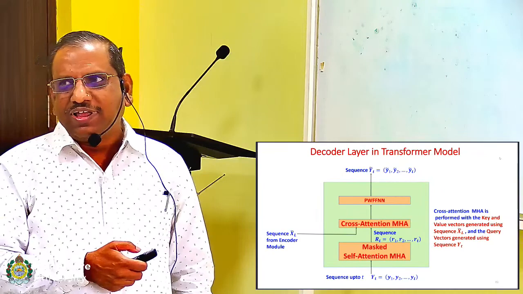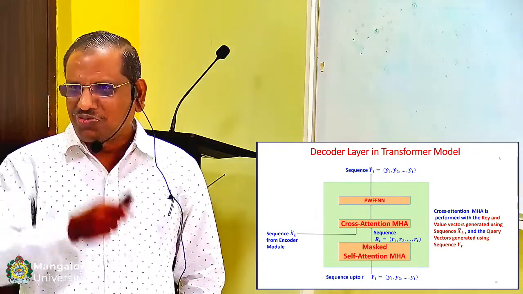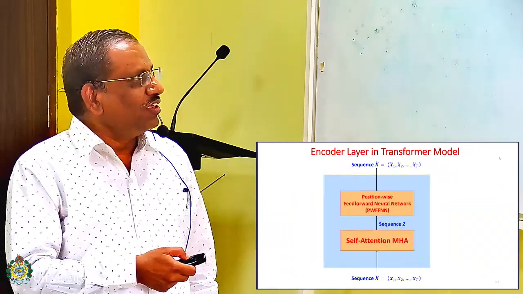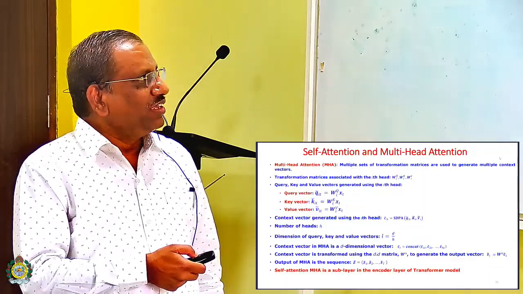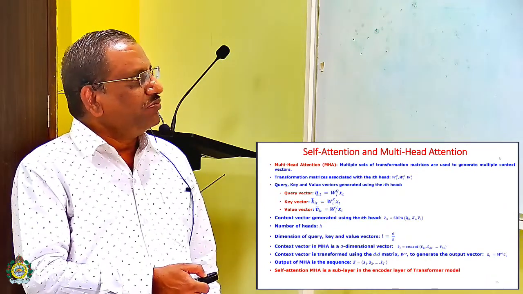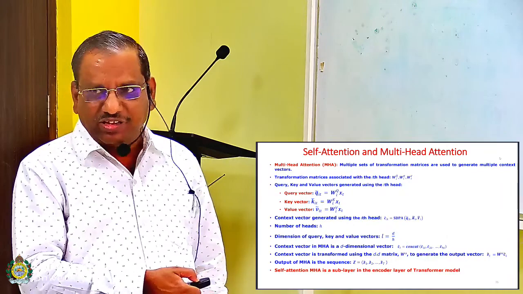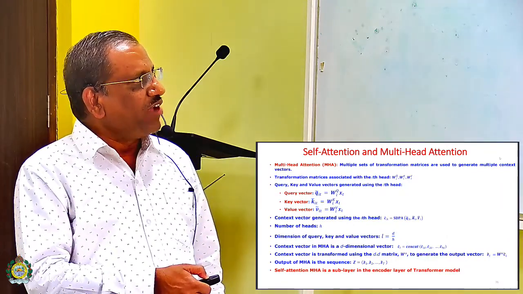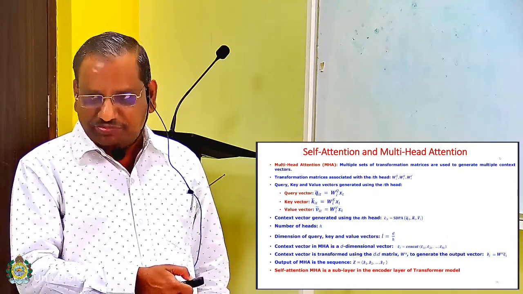No. Here the query is not the same as what we talked about as query in the retrieval task. As I said, here I want to come up with the relations between the query, key and the value. So basically we generate this query, key and value from the same entity.